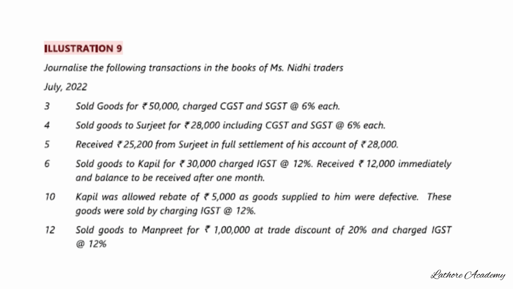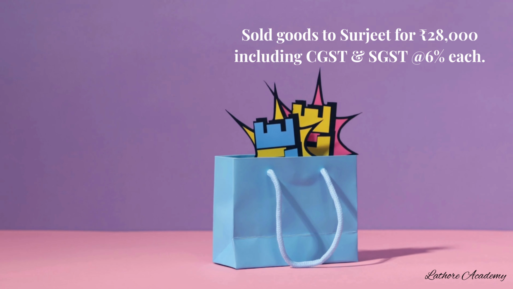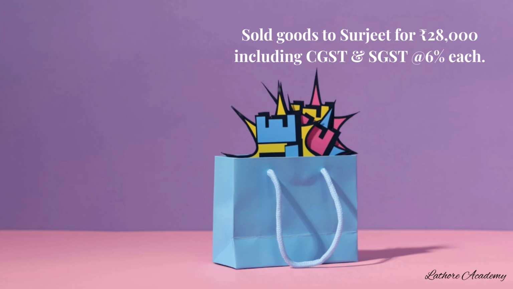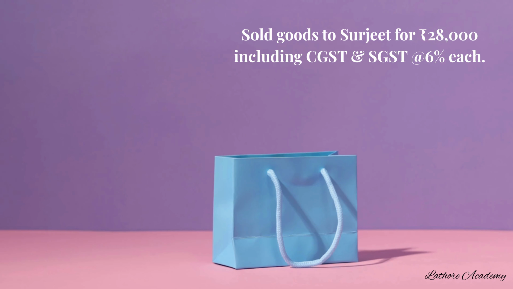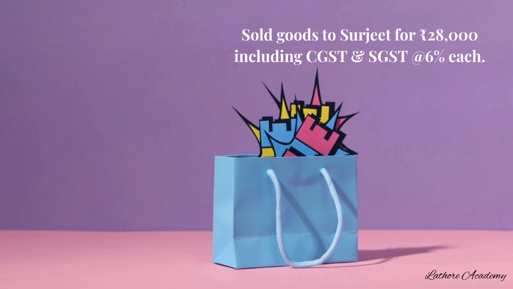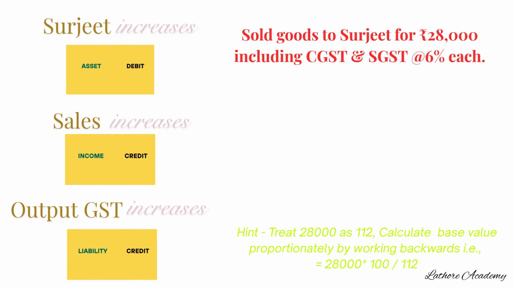So moving on to the next transaction, wherein goods sold to Surjit for 28,000 rupees, including CGST and SGST of 6% each. Students, do not panic when you see this inclusive tag. When the value is including tax, it is including the price plus tax.